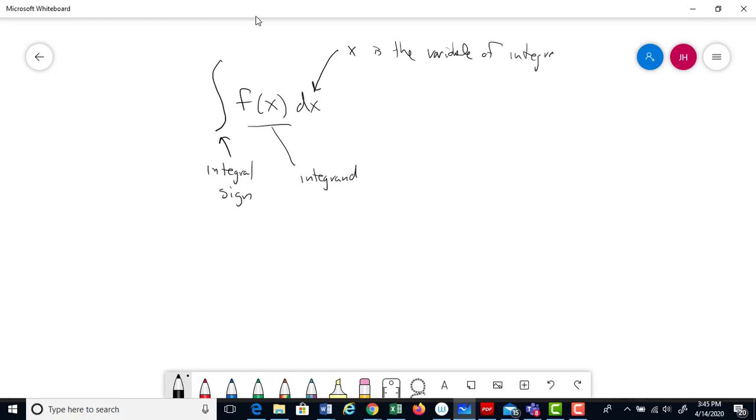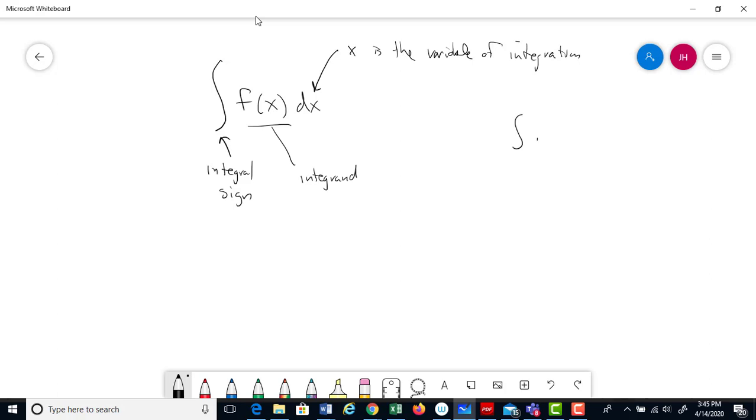Now it might seem a little redundant to claim that x is the variable of integration since our functions only have a variable x, but when we move into multivariable calculus, when there's more than one of them, we need to describe what variable we're integrating with respect to. So it does become useful later.